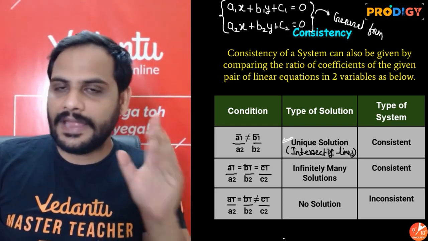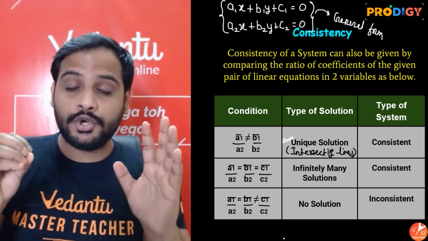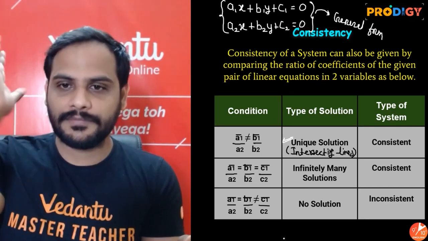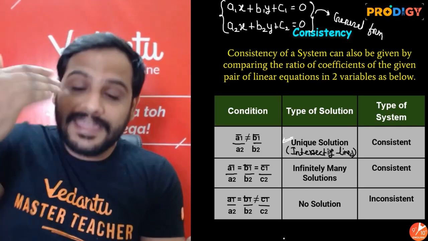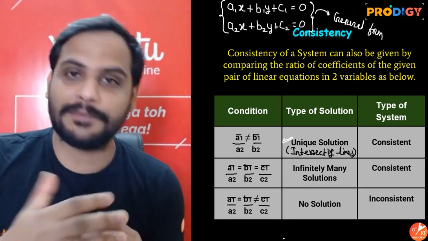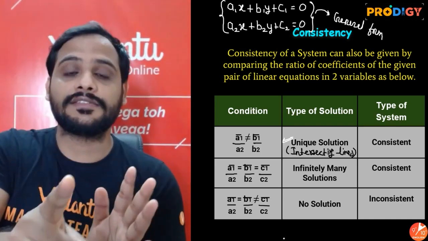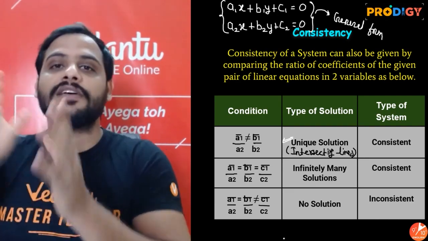If A1 by A2 and B1 by B2 are not equal, I do not care about C1 by C2. Let it be whatever it wants. It will be a unique solution. The second step is, if A1 by A2 is equal to B1 by B2, in that case I will check the value of C1 by C2 also.